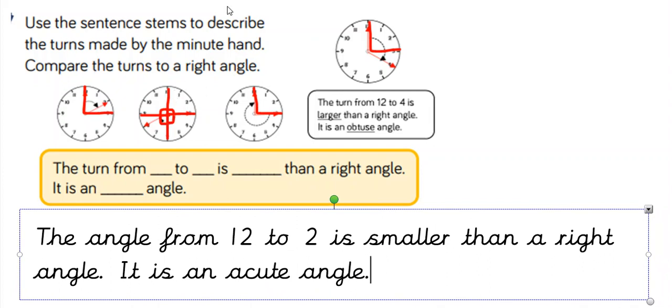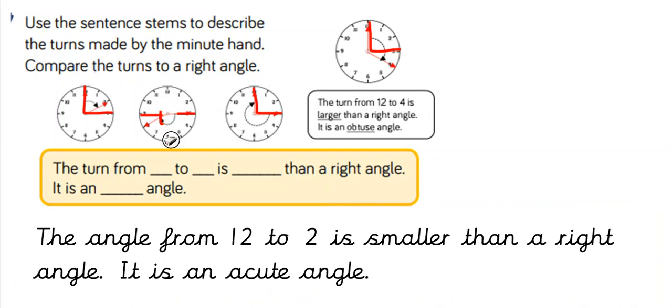What about this one then? Let's just get rid of my drawings for now. So if we use our right angle then as this one here, okay, so if we have a look, this here is our right angle. We've got this extra bit of angle here, haven't we, to get from 6 to 8.